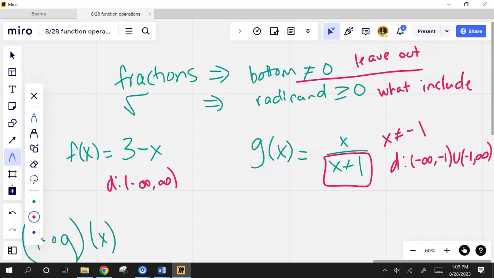Before you can find a combined domain, you have to find individual domains. Why am I excluding it? I'm saying x can be anything except that.